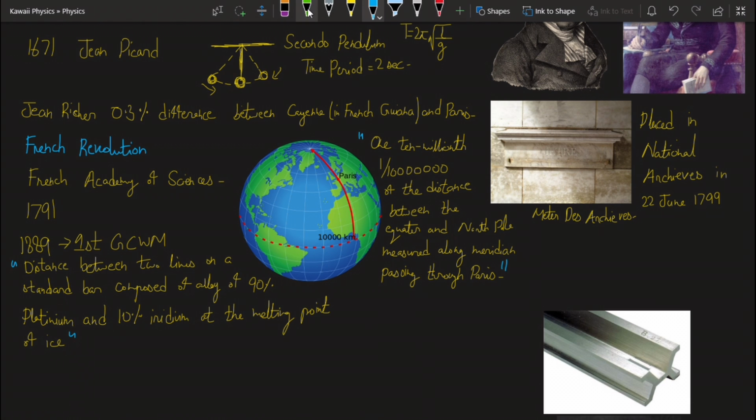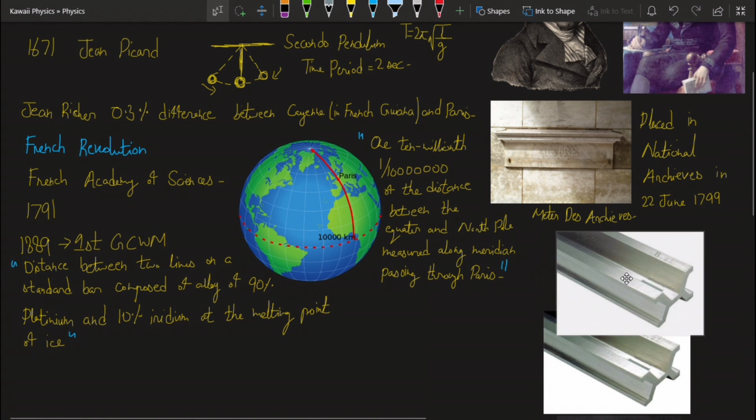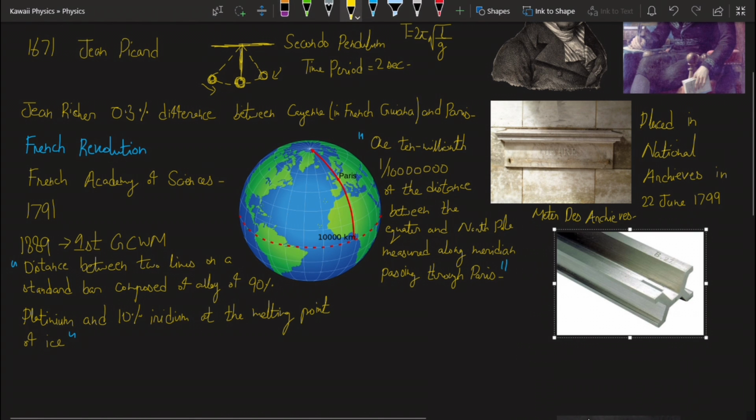So this was the definition for the new meter and was known as the International Meter Prototype. And this is the International Prototype Meter. This is the image. I'm going to write it down.